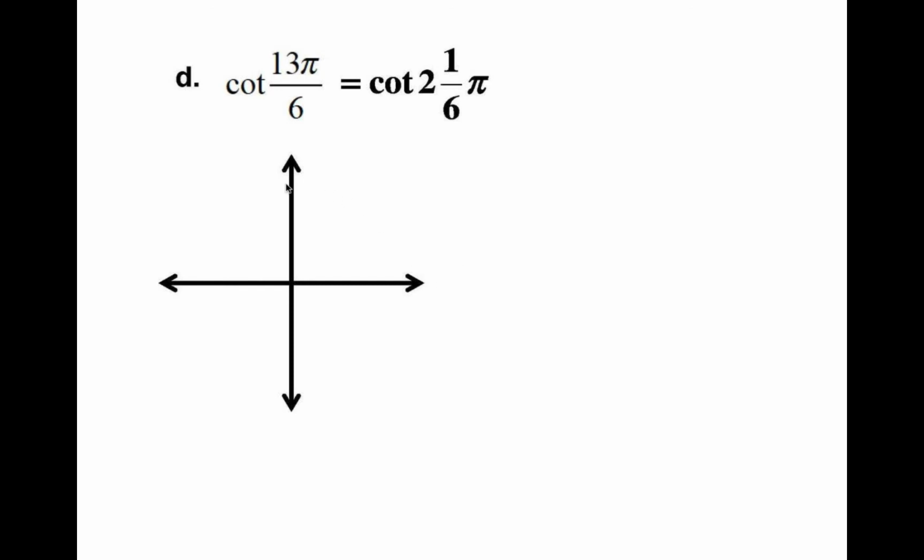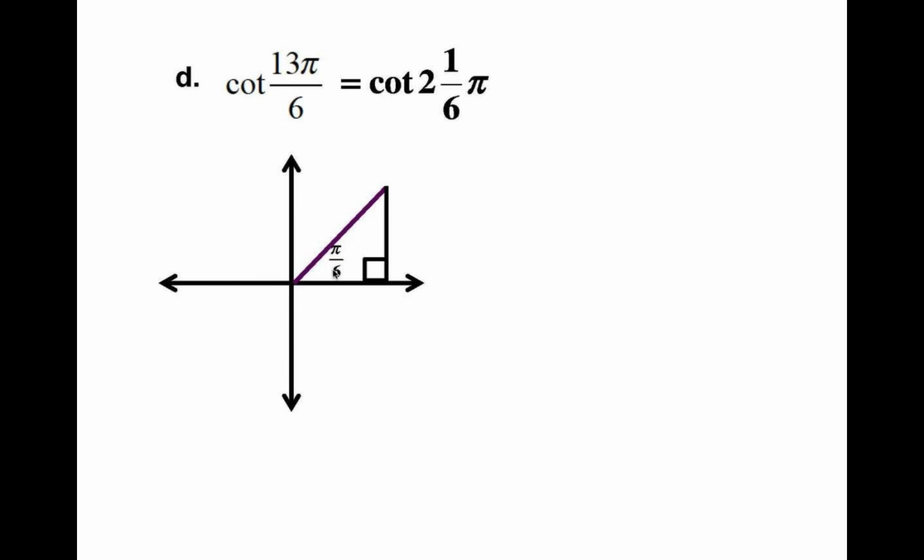All right, for D, this is an improper fraction. We have to write it as a mixed number. So 6 goes into 13 twice with 1 left over. So when we draw our picture, you have half a pi 1, 1.5, 2. It's more than 2 pi, but less than 2.5 pi, so this is going to be a triangle. If the denominator is 6, the angle is pi over 6. Remember, this is equivalent to 30 degrees.